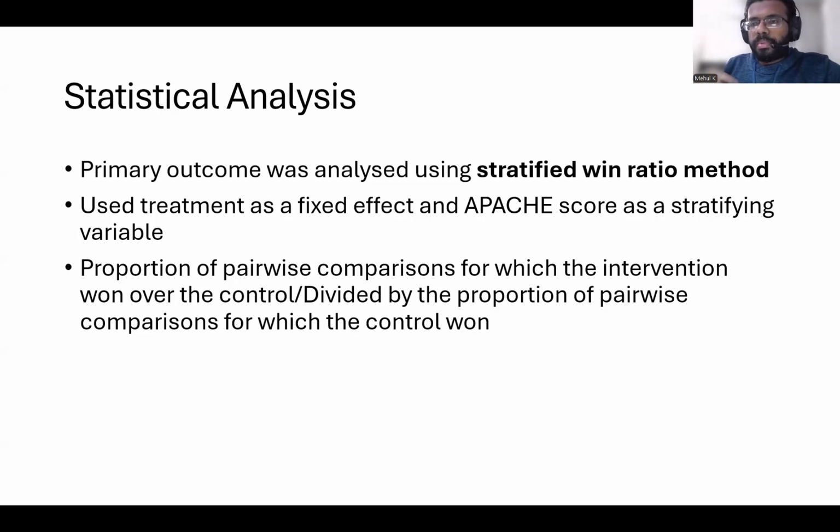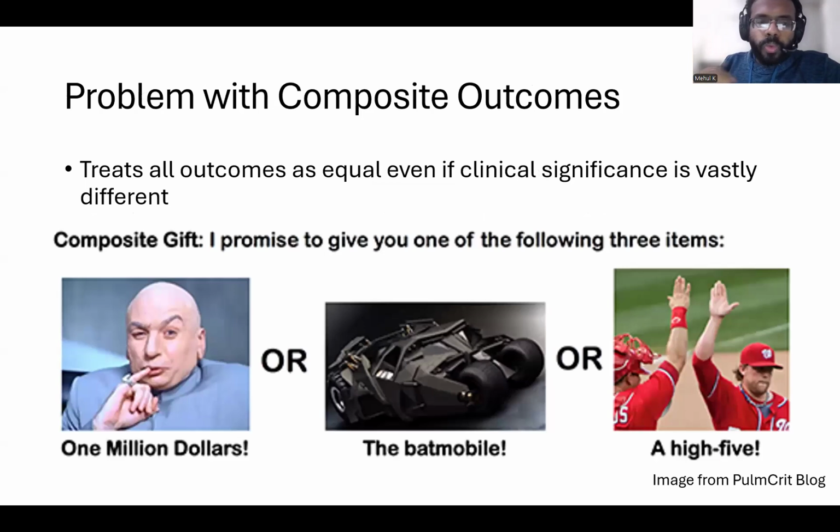So this might fool you into thinking that the intervention has a mortality benefit when it actually didn't have a mortality benefit. So you are basically having unequal things being jumbled into one outcome. This can be problematic.